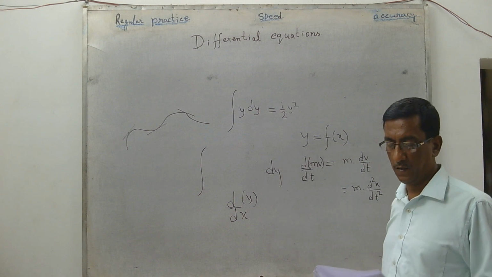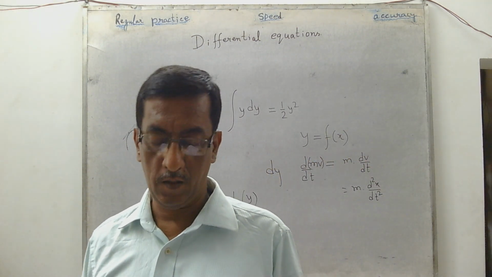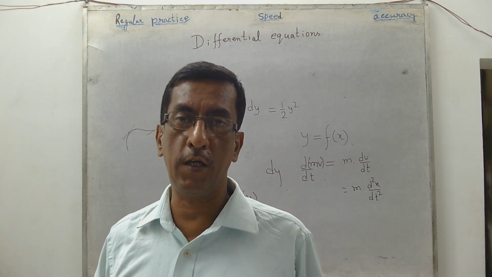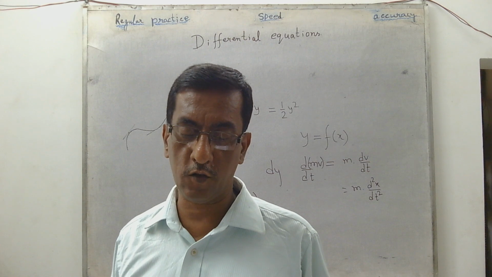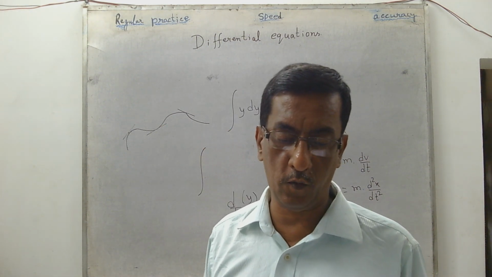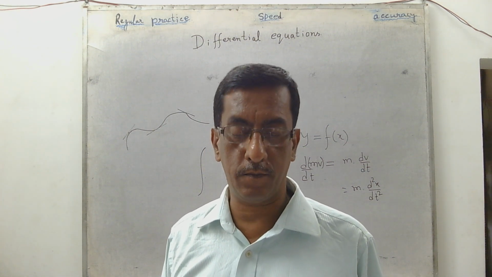So we see here that the main point to study differential equation and its solution is to eliminate the differential coefficient from the equation and to establish a relation between the variables.